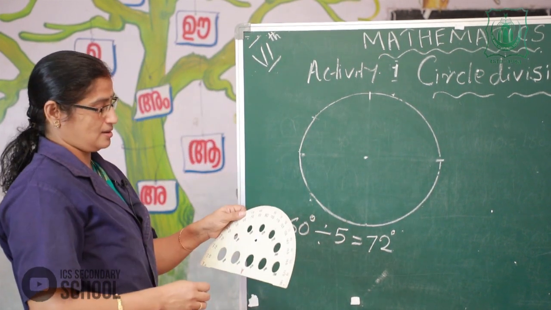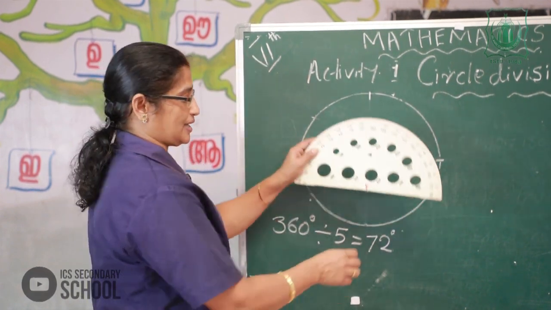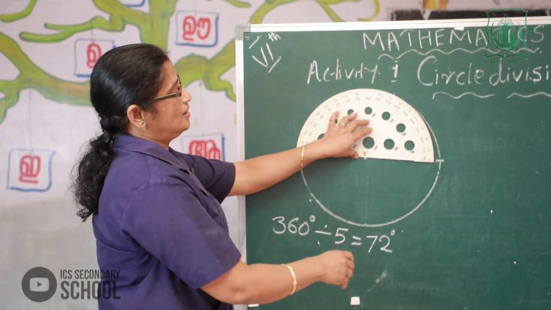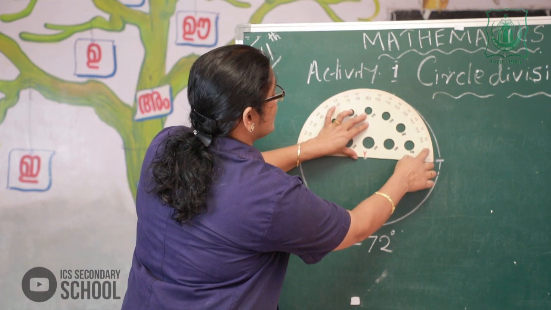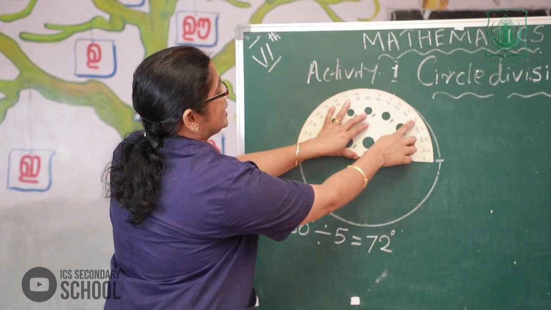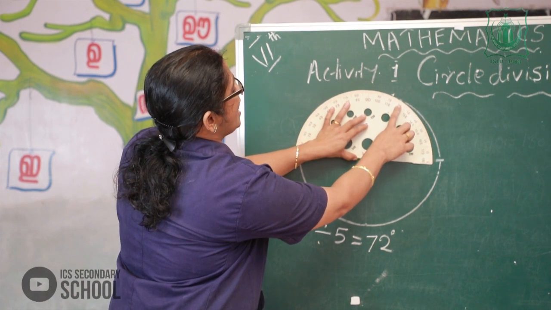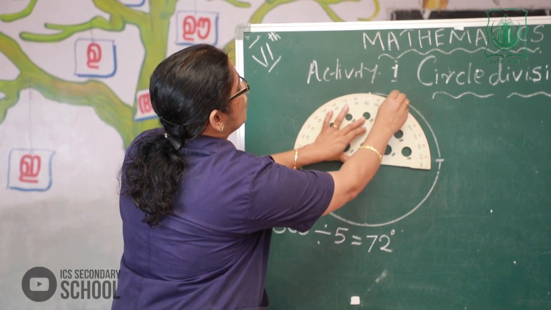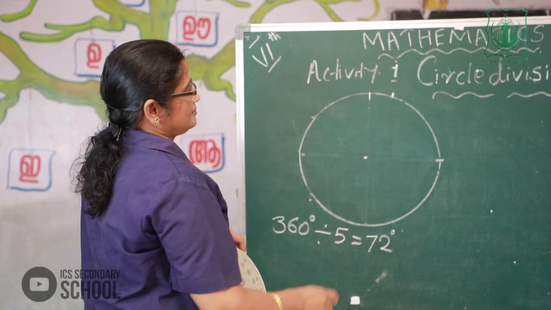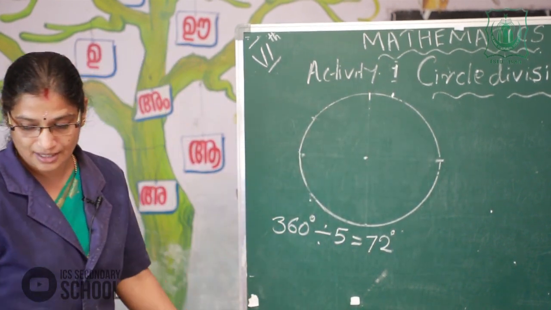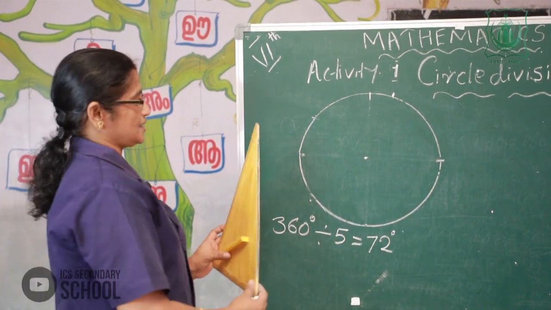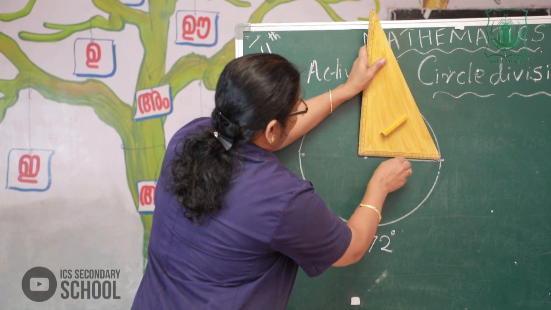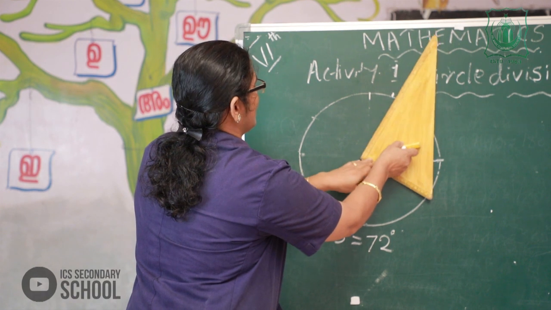The center of the circle, the midpoint of the protractor: zero degrees, 10, 20, 30, 40, 50, 60, 70, 72 degrees. Using the set square, draw the line at 72 degrees.